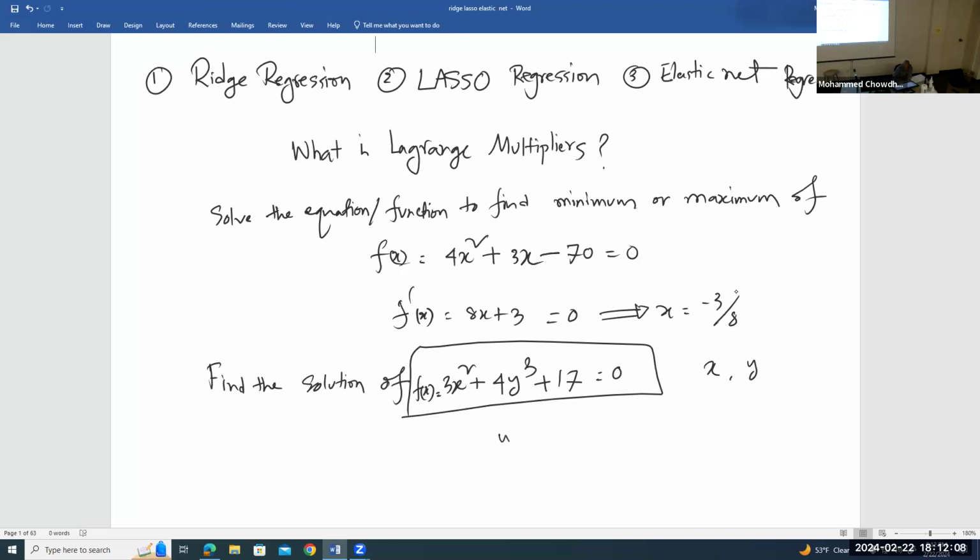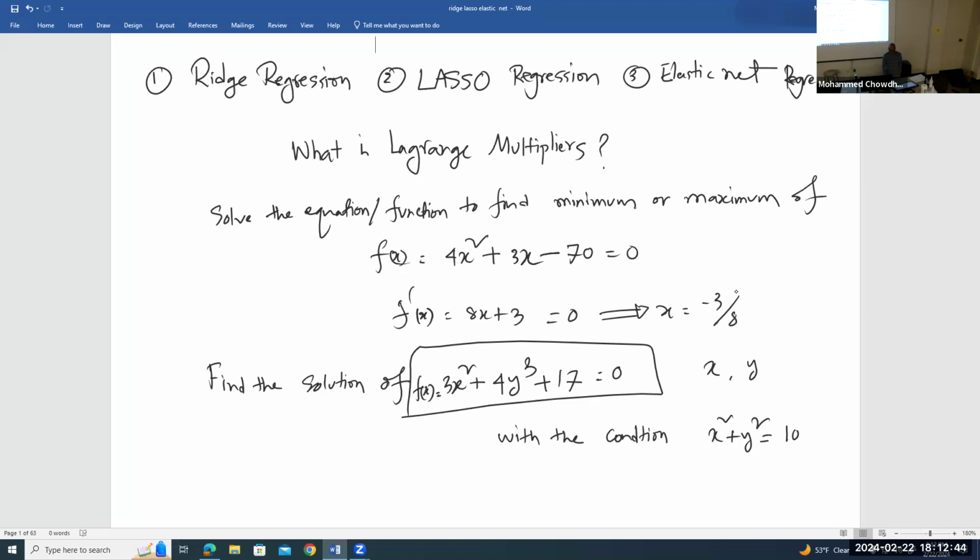With the condition that x square plus y square must be equal to 10. Do you understand? So you are asked to find the solution of x and y such that when you take the x square and the y square, the sum must be equal to 10.